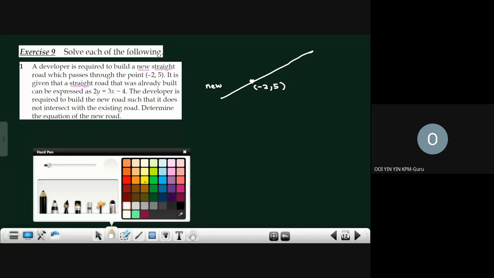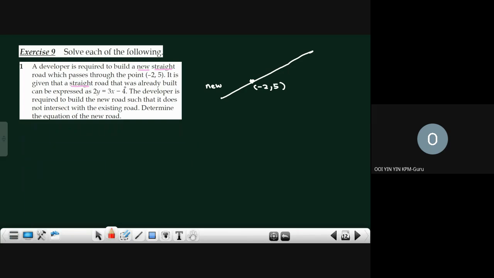We read the question carefully. The developer is required to build a new road. This is the new road that they want to build now, such that it does not intersect with the existing road. It means your new road and your old road will not intersect.